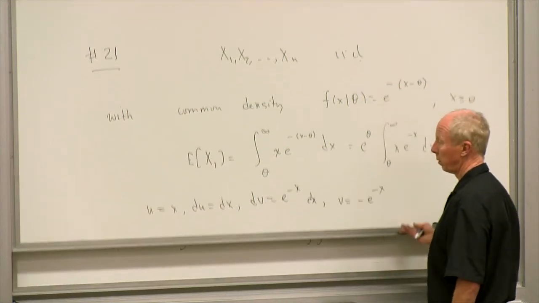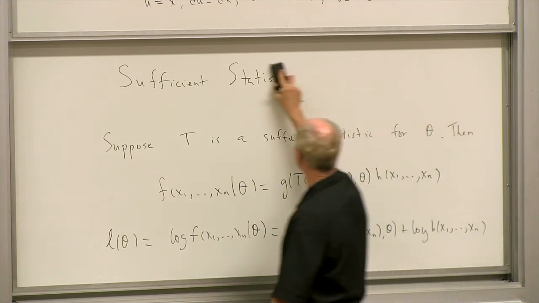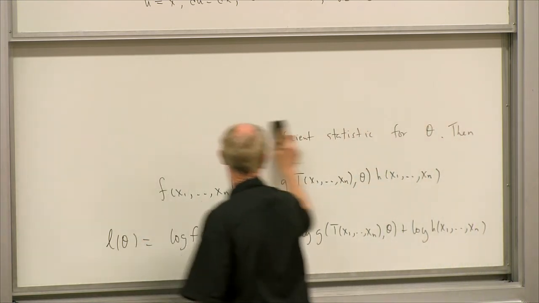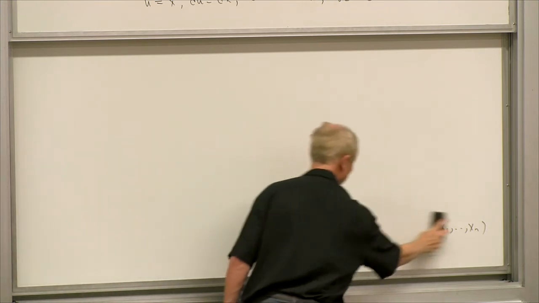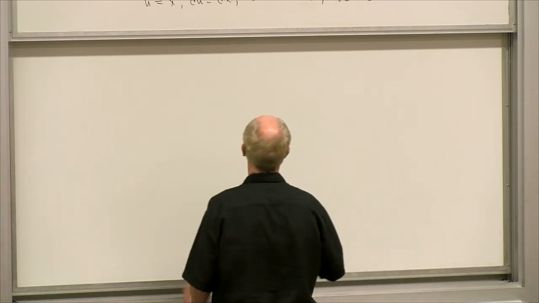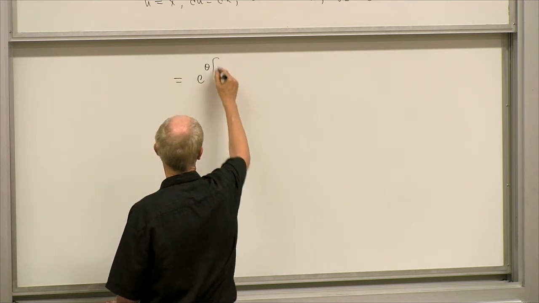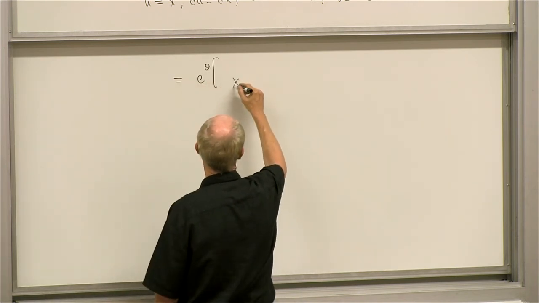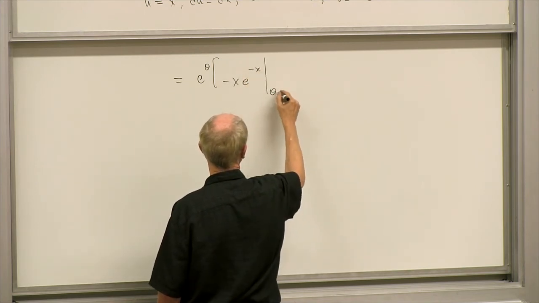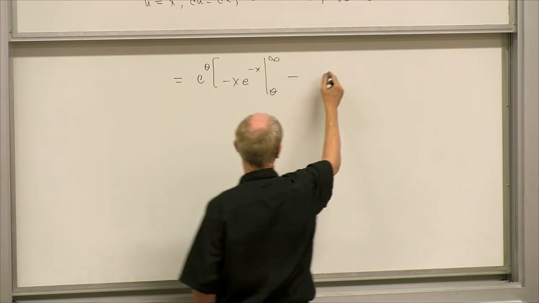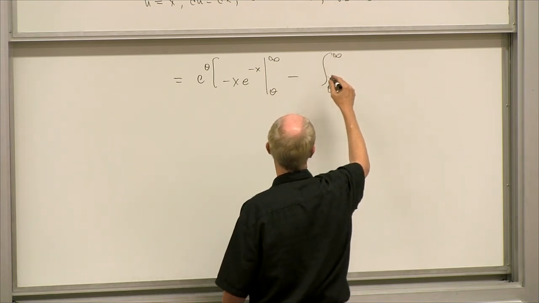And we get e to the theta times u times v. That would be x times minus e to the minus x, evaluated between theta and infinity, minus the integral from theta to infinity of v du.